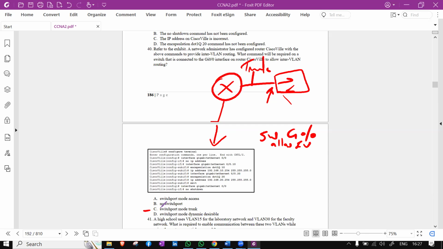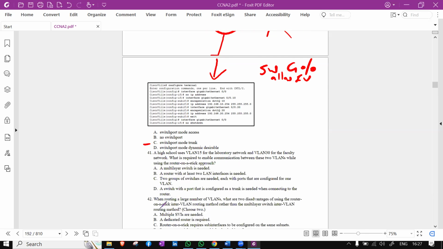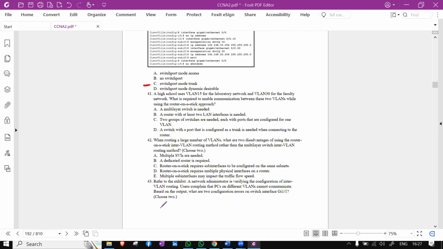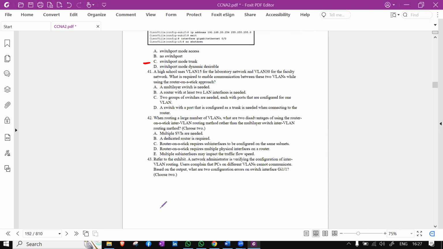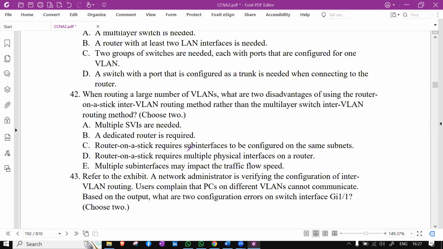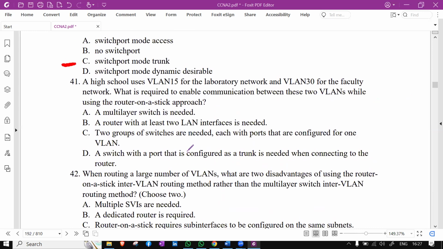Any queries? Number 40. Later on, number 41. A high school uses VLAN 15 for the lab, VLAN 30 for faculty. What is required to enable communication between these two VLANs while using router on a stick?